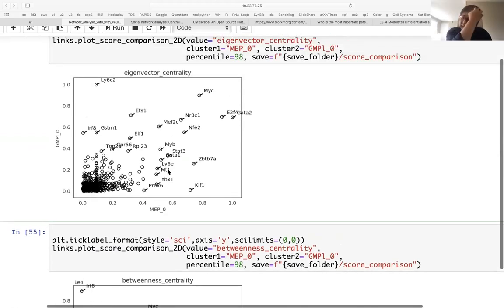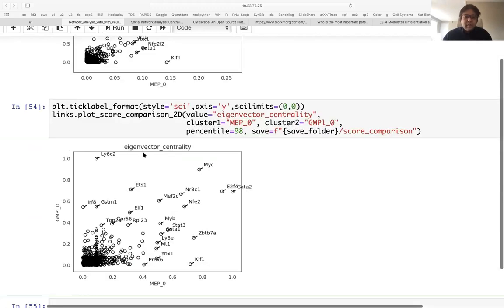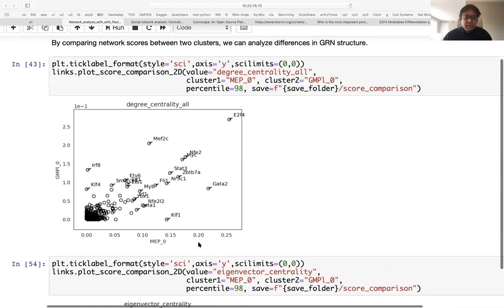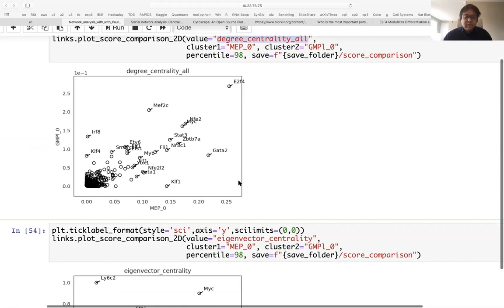Yeah, I think so. Here, each axis means... I didn't do any kind of normalization between the two in this scale. But the degree centrality score is already normalized, so usually you will get a really similar scale.